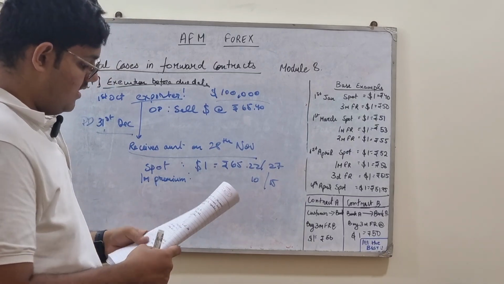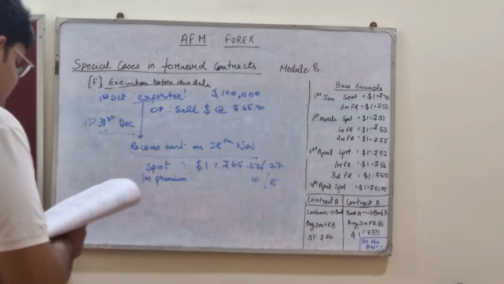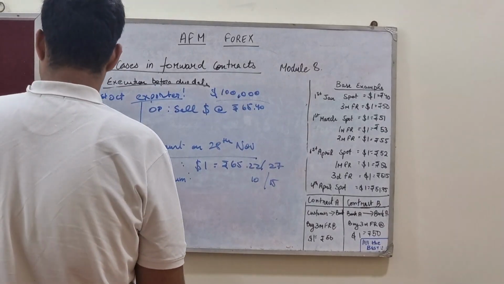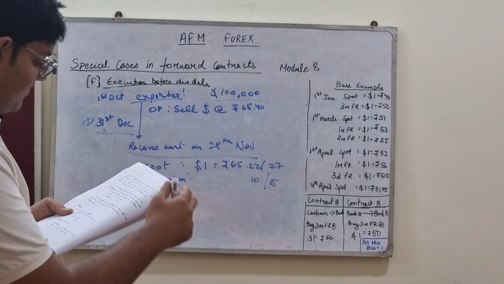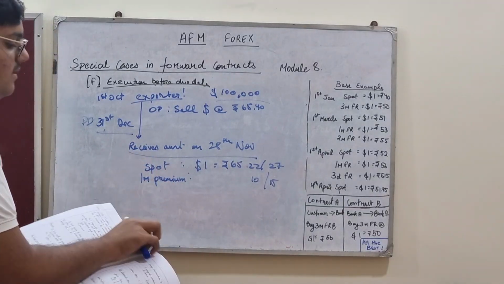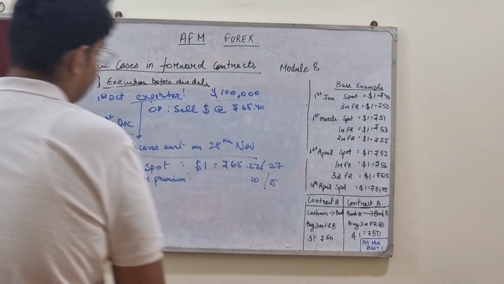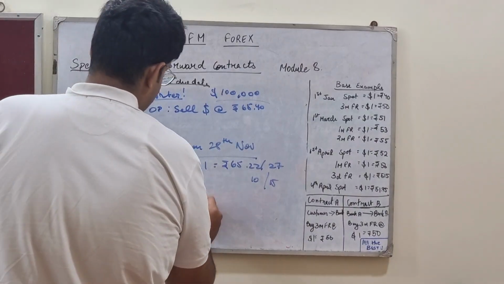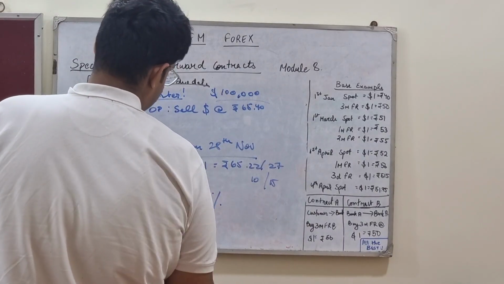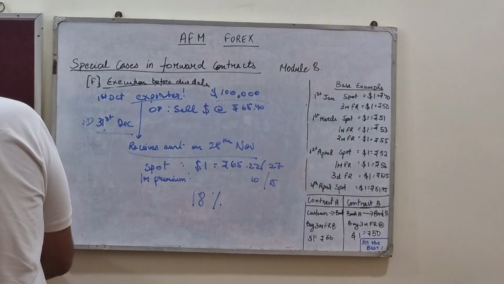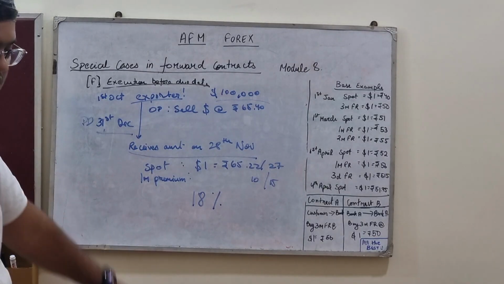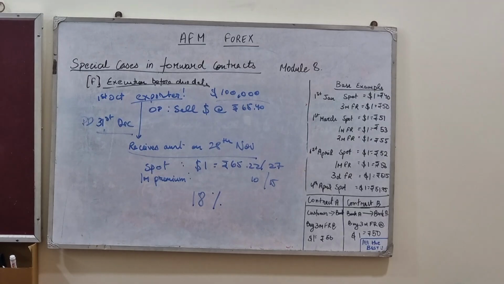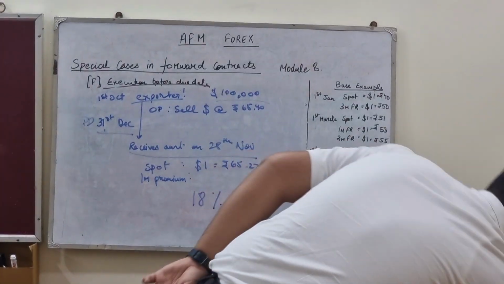The next part of the question is, if the bank agrees to take early delivery, then what will be the net inflow to Mr. X, assuming that the prevailing prime lending rate is 18%. The last and final relevant detail is 18% interest. Okay, so this is the entire question. Not 3 paragraphs, nothing huge, just that's the question.